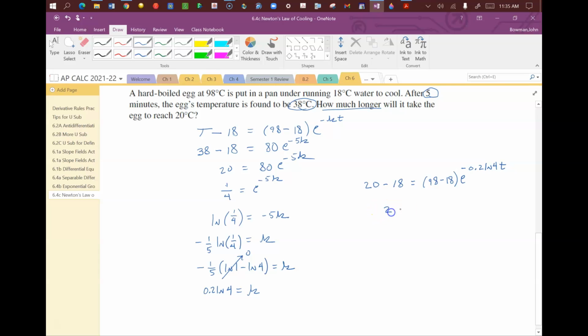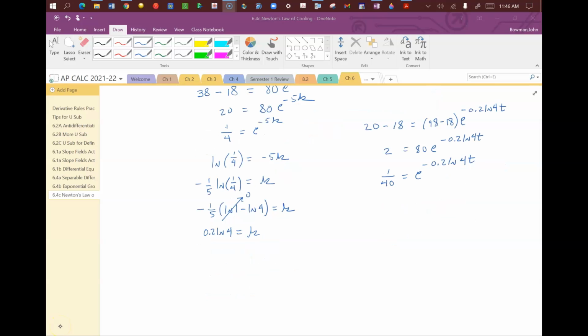So 20 minus 18 is going to be 2, and 98 minus 18 is 80, times e to the negative 0.2 ln 4 t. We're going to divide both sides by 80. So 2 over 80, or 1 over 40, is equal to e to the negative 0.2 ln 4 t.